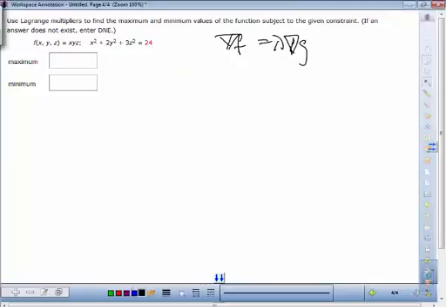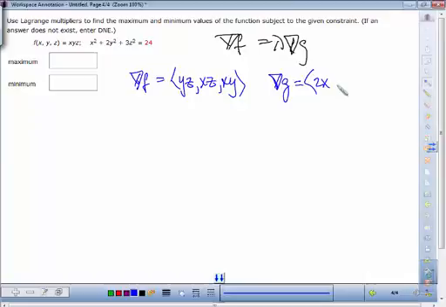All right? So let's get our gradients. The gradient of f is going to be yz, xz, xy. The gradient of g, if we call this our g function, is going to be 2x, 4y, 6z.